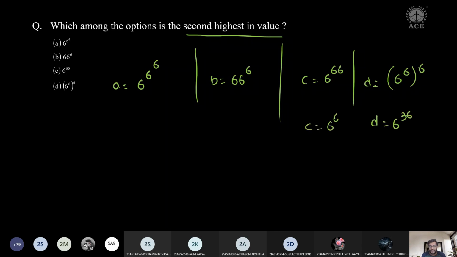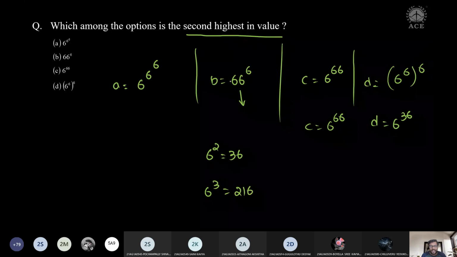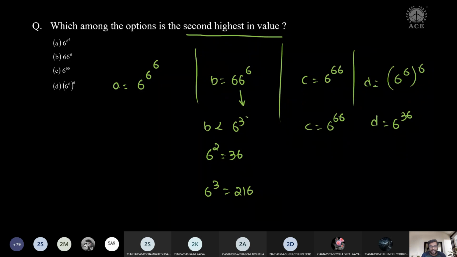This is 6 power 66. See, 6 square is 36. 6 cube is 216. This is less than 6 cube. B is less than 6 cube whole power 6, means 6 power 18. Less than 6 power 18 for sure.